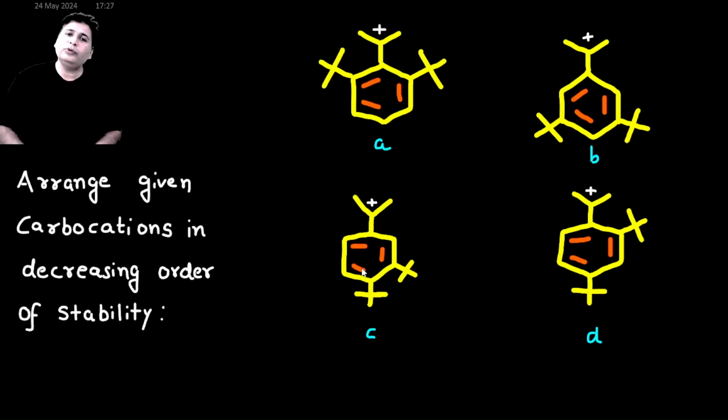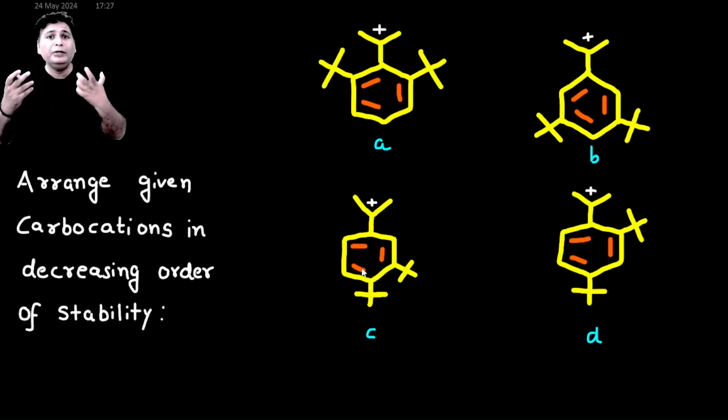When you assess their stability, you know the carbocation has a problem: a plus charge is there, and as I have already told you, whether it is a plus charge or a minus charge, it is problematic. It is a burden on the species.